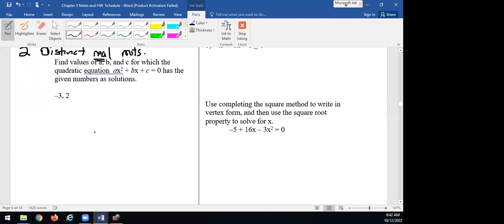All right, let's do another example here. You want to find the values of A and B and C for which the quadratic equation has the given numbers as solutions. Any idea how we can do this? So in this case, they are giving you the solutions for the quadratic. How do you find the equation?